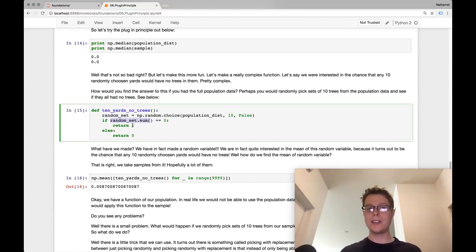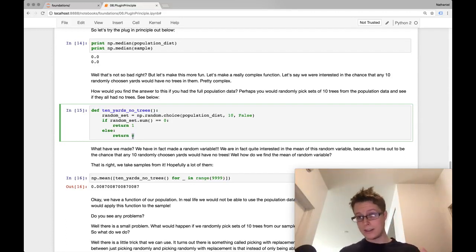If it contains no trees, we return a 1, and if it contains trees, we return a 0. Pretty simple. I return 1 if my condition is satisfied, in this case if those 10 yards had absolutely no trees. I return 0 if those 10 yards had at least one tree.